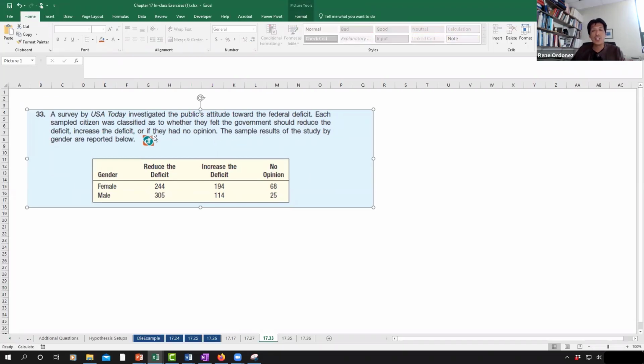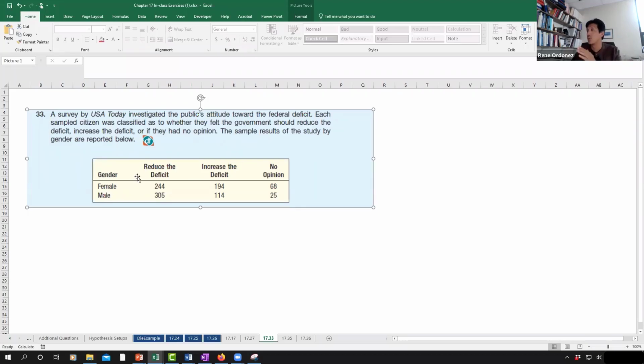Is there a relationship between the opinions of voters or citizens when it comes to this idea of government reducing the deficit? Is there a difference between these two groups?